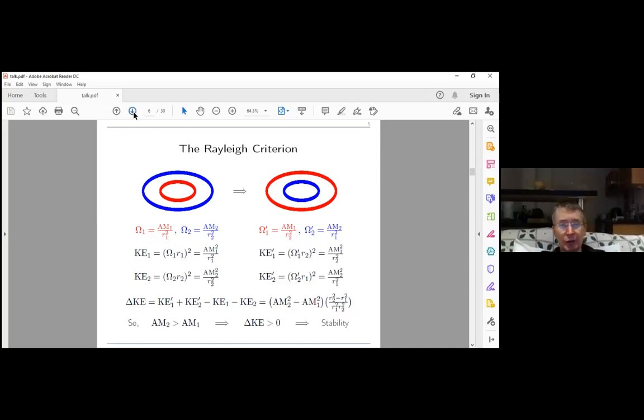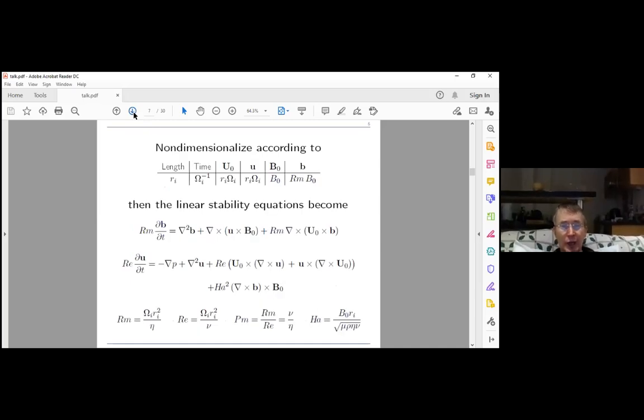So what do you have instead for the MRI? Well, here are the same linear stability equations that we saw before. Here's just the details of how things got non-dimensionalized.